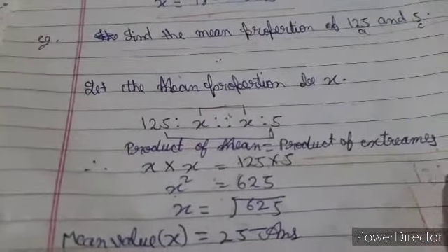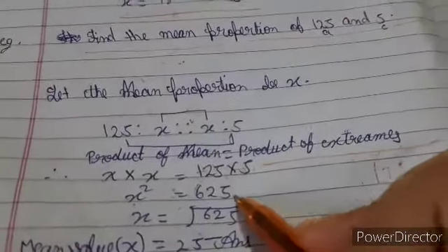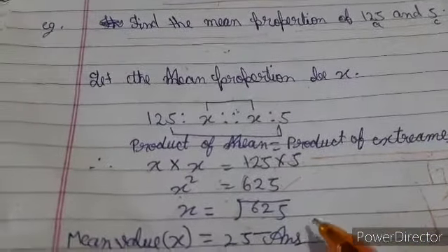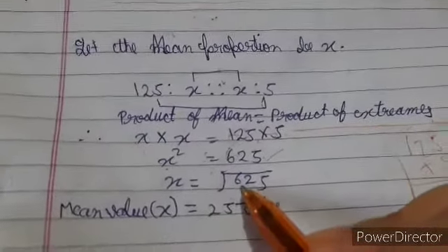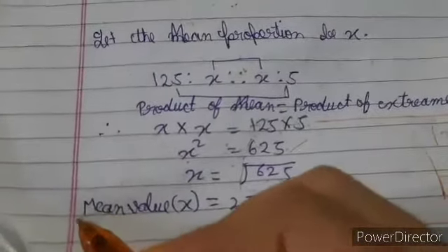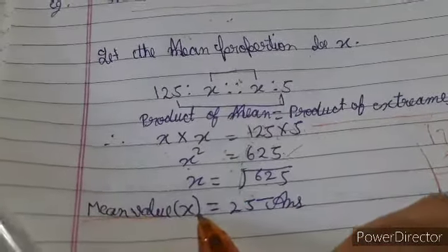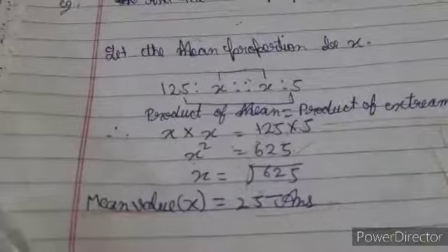This is 625 only. Now we will take the square root, and the square root came, the mean value of X is equal to 25. I have taken the square root. You also take the square root and the answer will come.